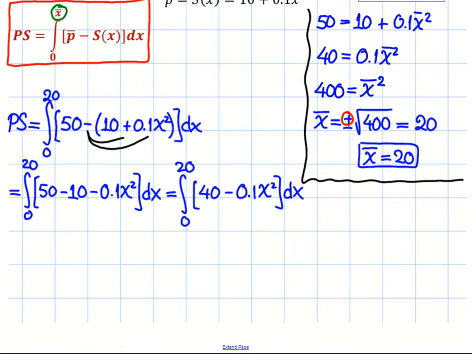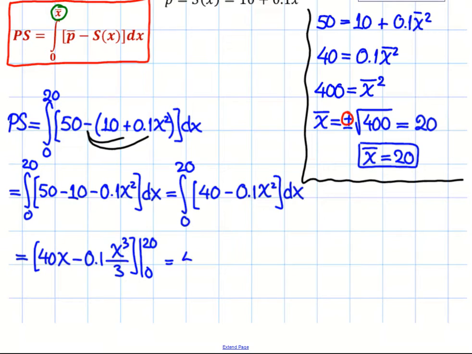And then by the fundamental theorem of calculus, integrate: the integral of 40 is 40x, and the integral of 0.1 x squared will be 0.1 x cubed over 3. We evaluate from 0 to 20, and then just substitute 20 for x.